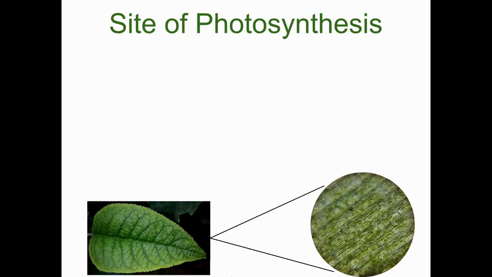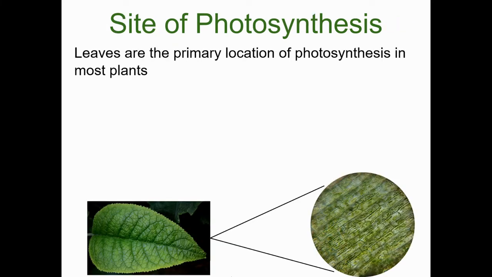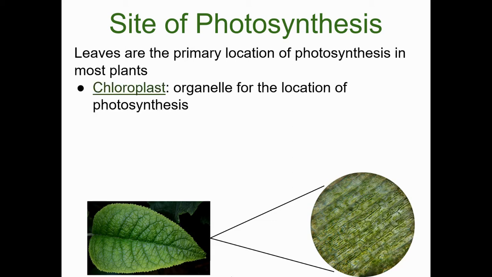In terms of the site of photosynthesis, leaves are going to be the primary location of photosynthesis in most plants. And the organelle that we care most about for photosynthesis is the chloroplast, right? We talked about chloroplasts in Unit 2. Remember, these are the organelles that are the location for photosynthesis.